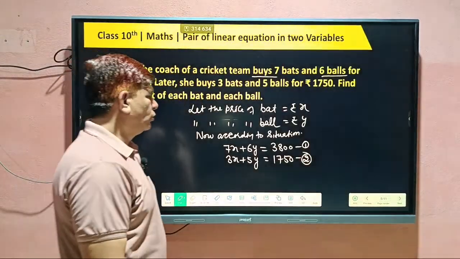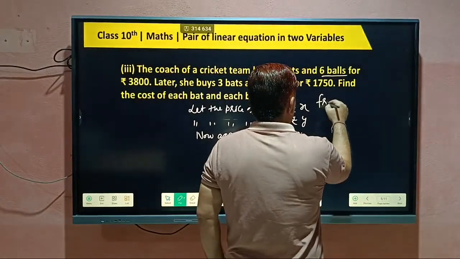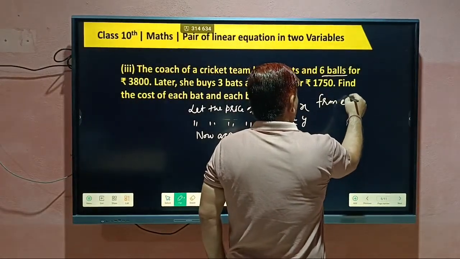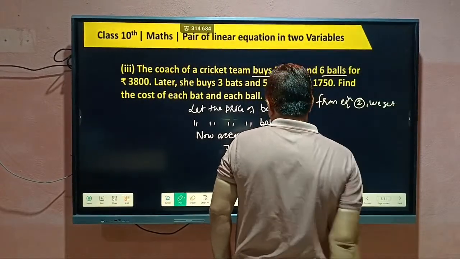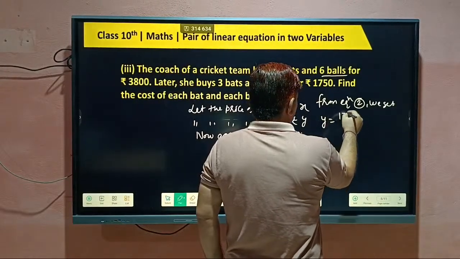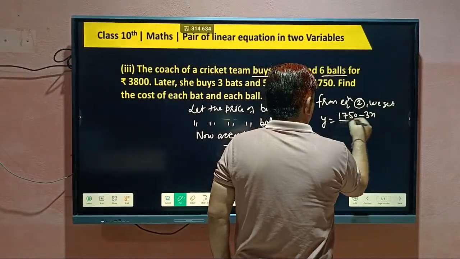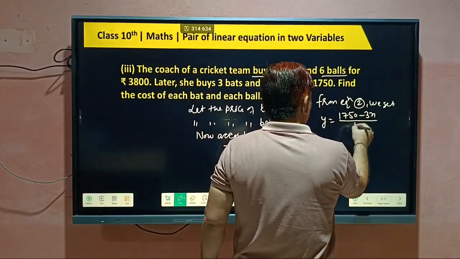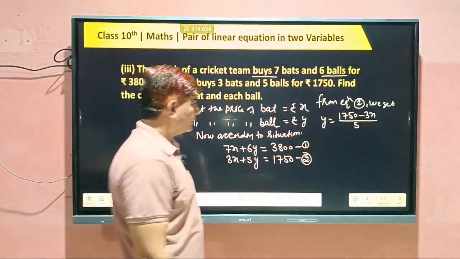From equation number 2, which is easy for you, what do we get? y equals (1750 minus 3x) by 5. I think you are able to solve, no problem.